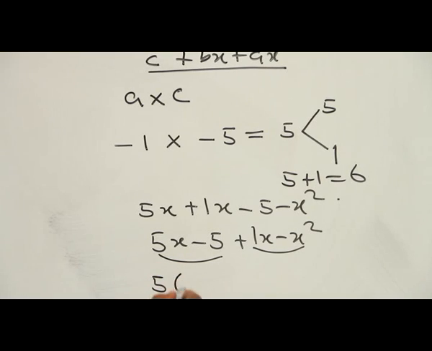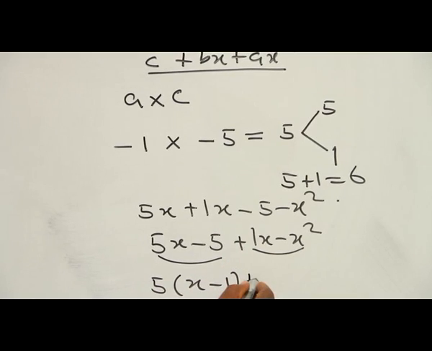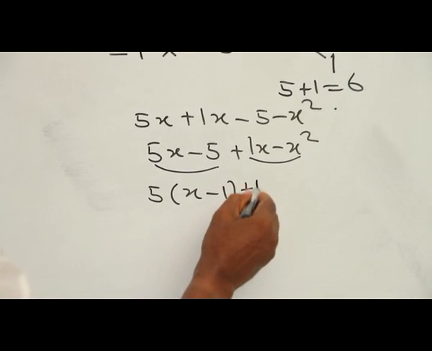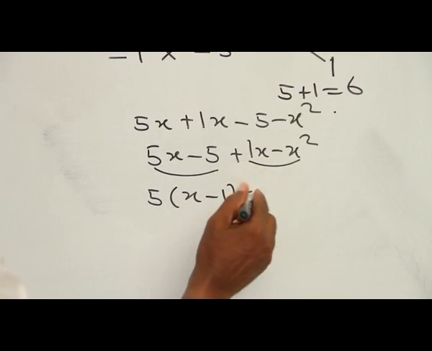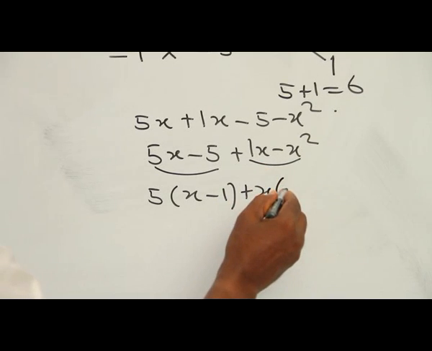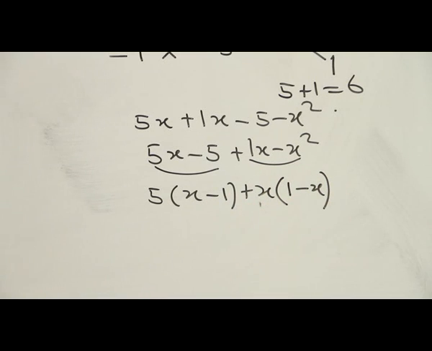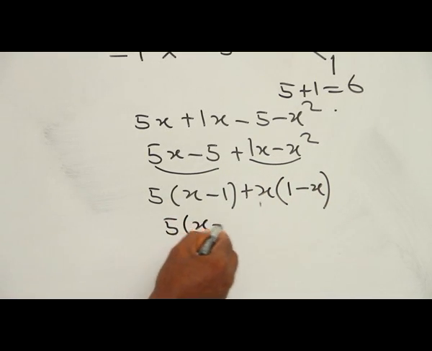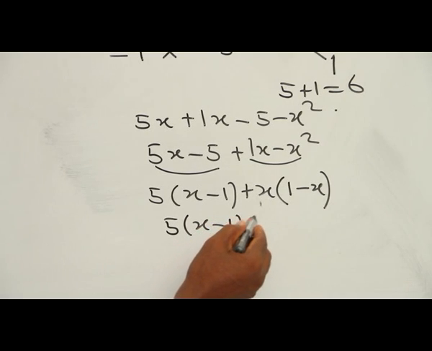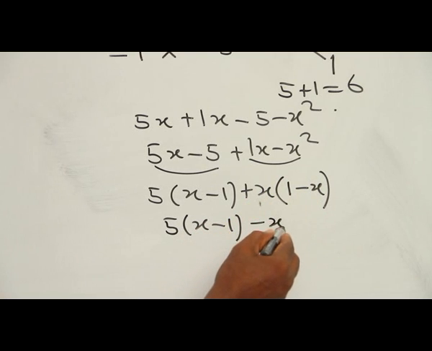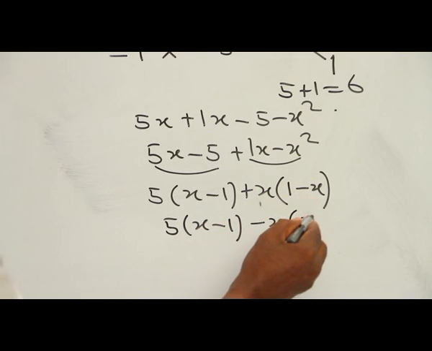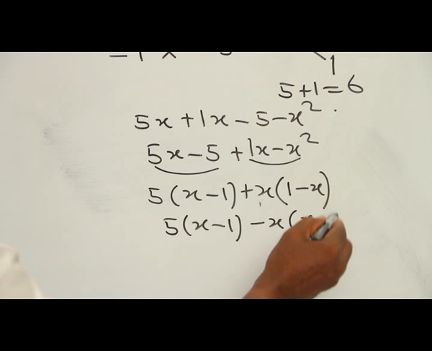Our 5 is common, (s minus 1) is there, and then our plus s is common here, and you have here (1 minus s). Now if you take a look at this very critically, you can write this as 5(s minus 1), and then revise the order here by introducing the minus s, and then this becomes (s minus 1).